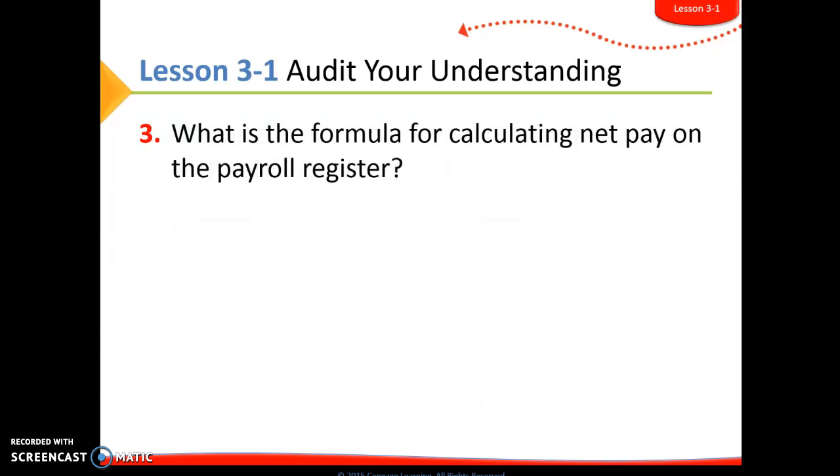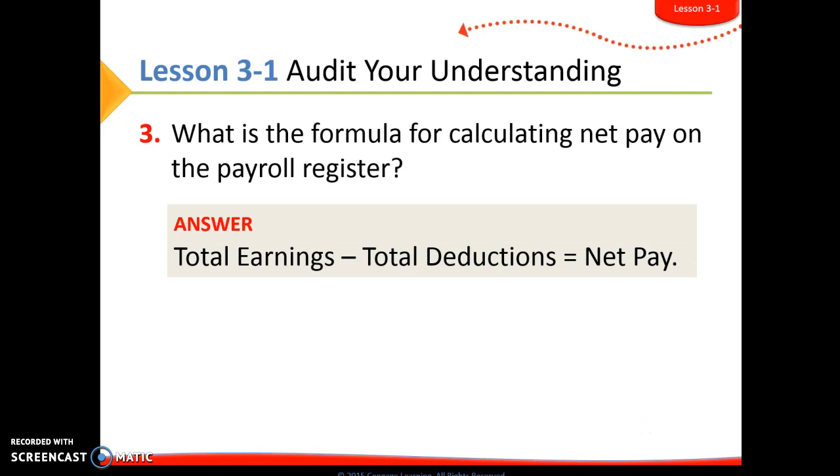Number 3, what is the formula for calculating net pay on the payroll register? To figure out net pay, we would take the total earnings, so what they earned, minus the deductions, the total deductions, and that will give us the net pay, what we actually write the check for.